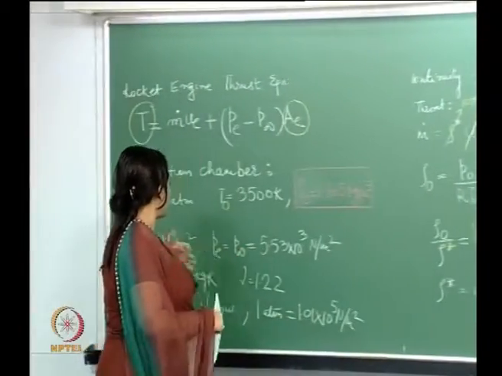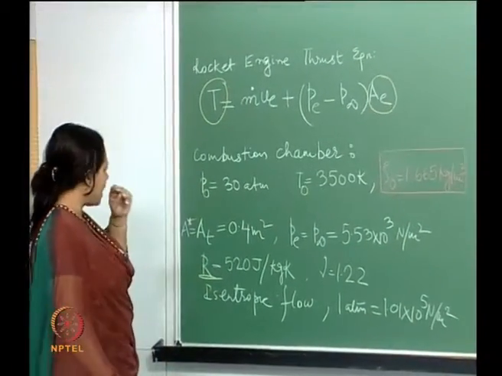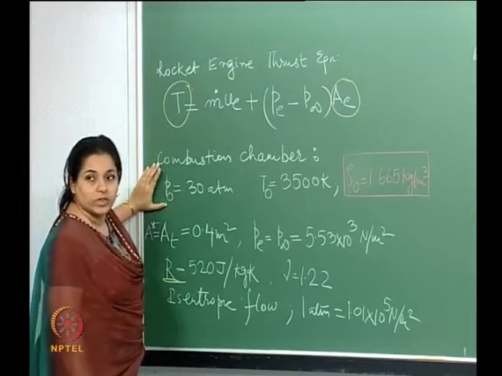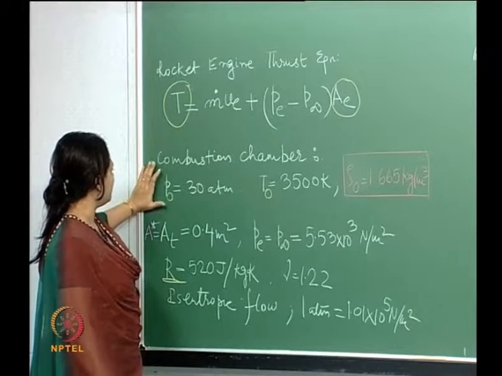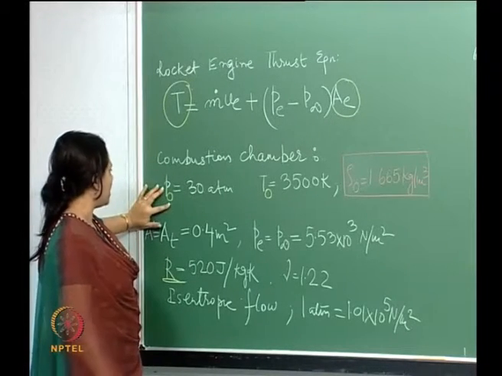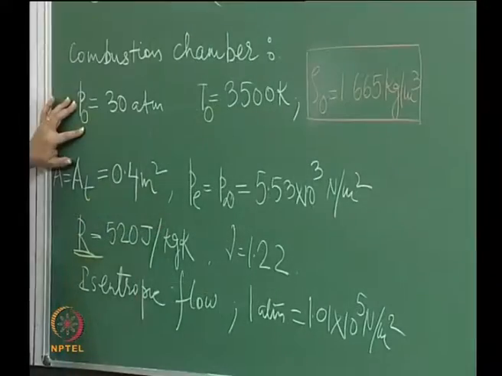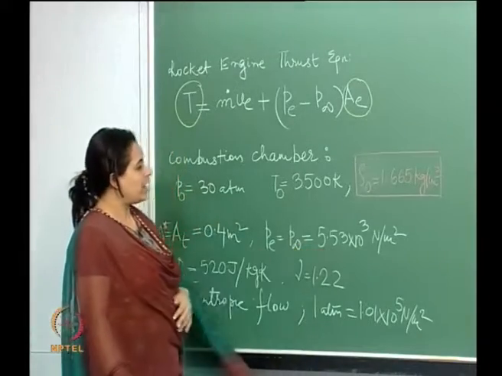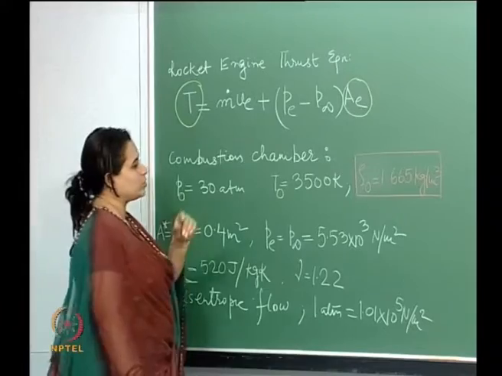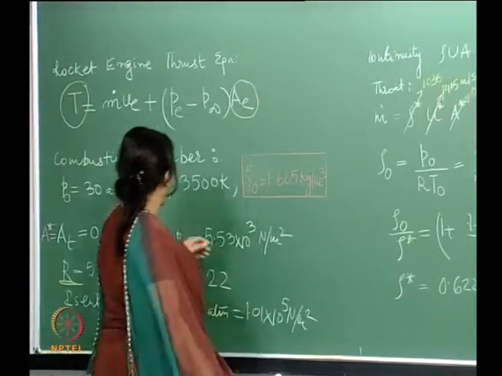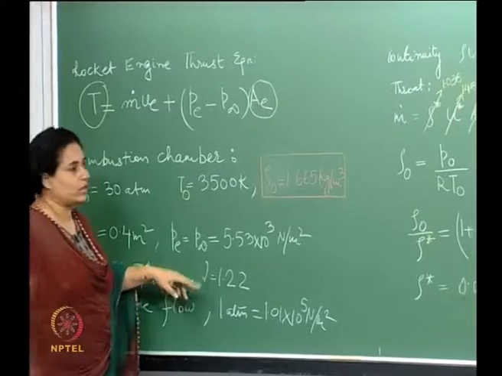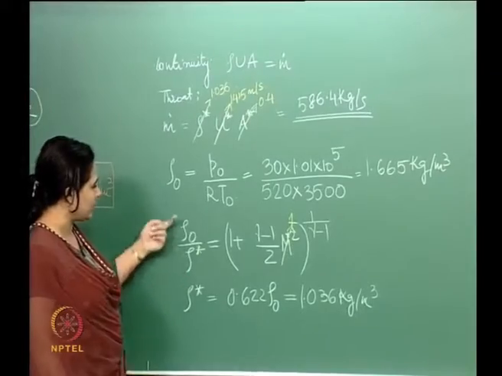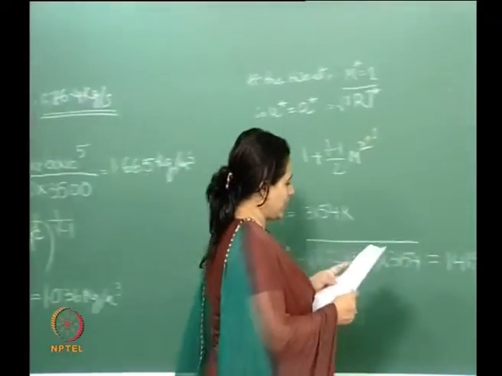If you look here, let us try to see what we can use. What we know here is the reservoir pressure, P naught, and we also know the pressure at the exit. These two should give us a relationship with the exit Mach number, just like we have the density relationship.